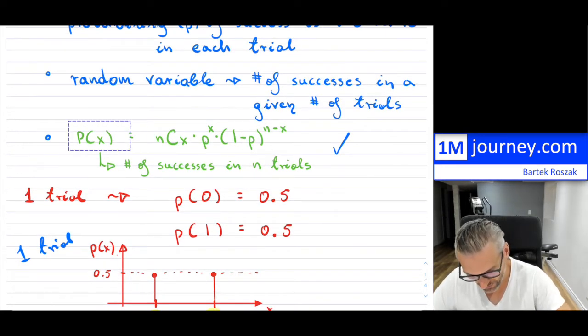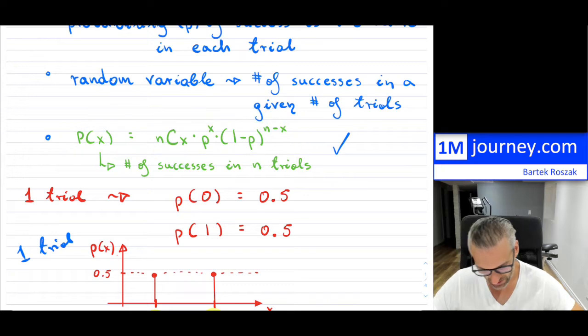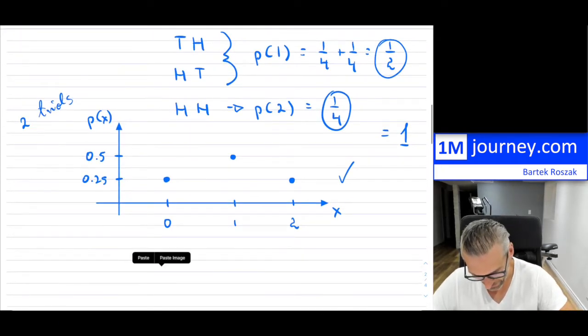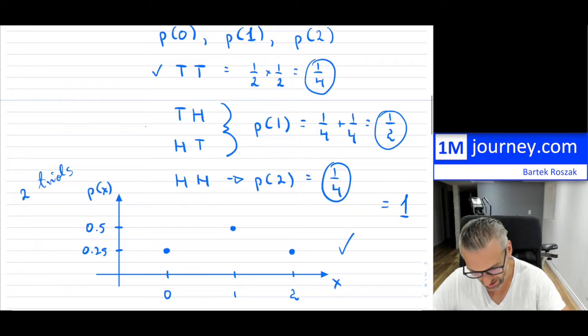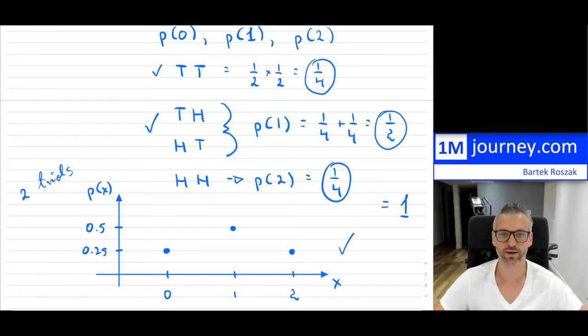The probability of success is summed up in this particular equation, all right? So let me copy this, and I just want to show you how this works. Sure, we can certainly do it individually, where we find out all the possibilities and so on.